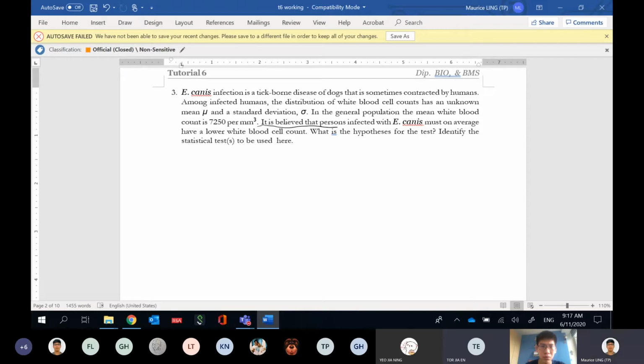Okay, it's believed that persons infected with E. canis have lower white blood cell count. So here the general population has a white blood cell count of 7,250 per microliter. So how do you construct your hypothesis?